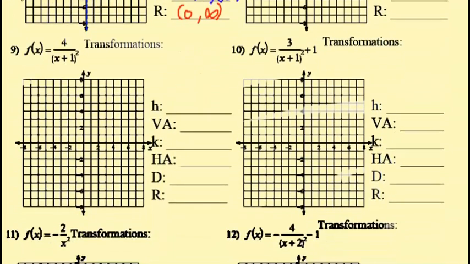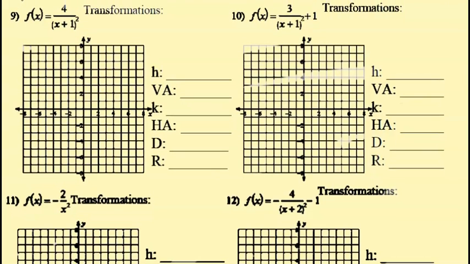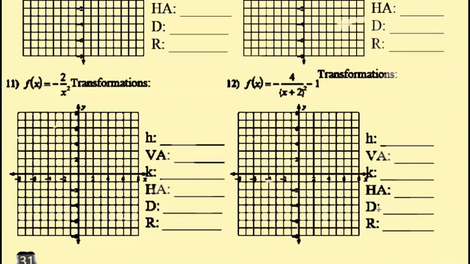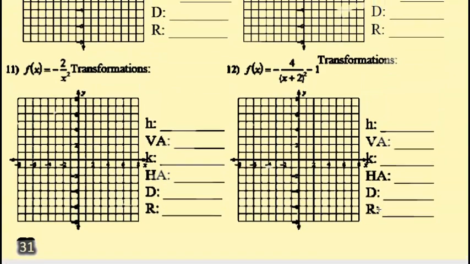Let's look at number 10. Or actually, let's look at one that has a reflection. Let's look at 12. So we have f of x equals negative 4 over x plus 2 squared minus 1. We have a negative, so it reflected. And you can say it's across x.